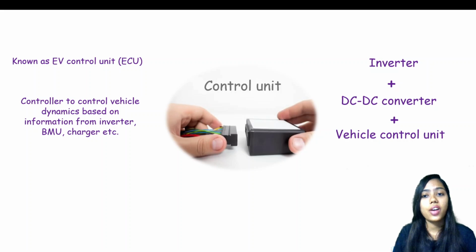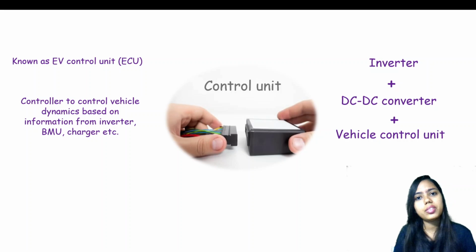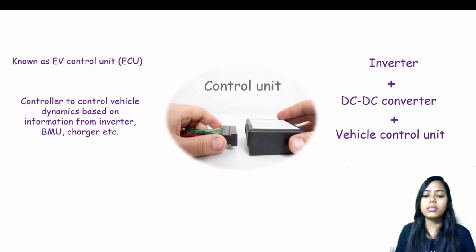And at the end, the vehicle control unit. I can say it is the administrative unit. Why? Because it administrates the operation and distribution of power at any given moment. And how it works, it has a microcontroller which can change the current level, which indirectly affects the working mechanism.